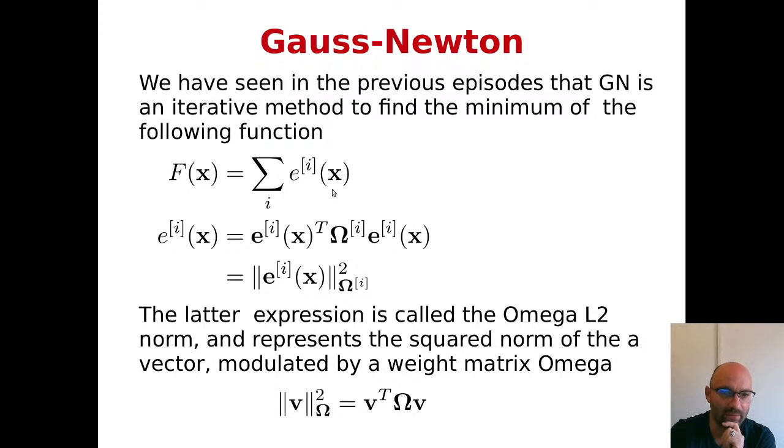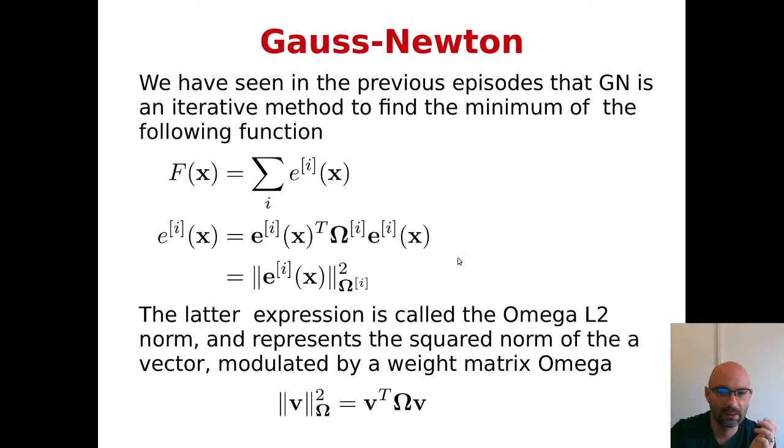So this is what Gauss-Newton does. We have a function f, and we want to figure out the x that minimizes the sum of all these contributions. This small e_i is defined to be the famous omega norm of a vector, defined this way. If omega is the identity, then this degenerates clearly to the squared norm.